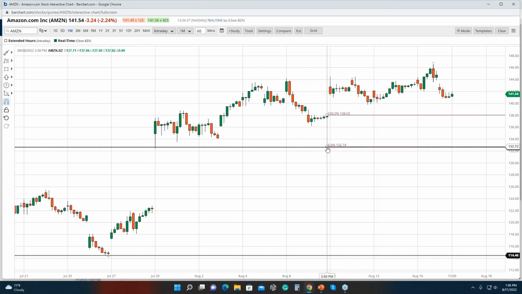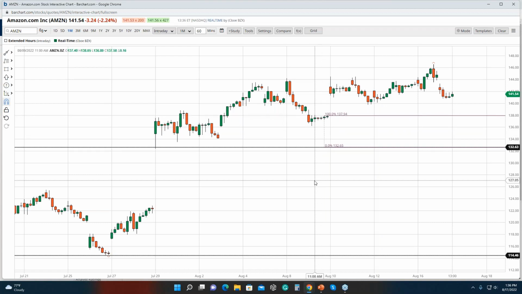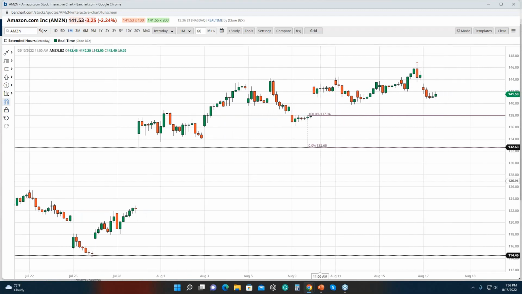I think the number I was looking at this morning was around 165-ish, 160. And again, 138. Okay, so what are we risking here? Well, we're risking about $5.35, $5.40.